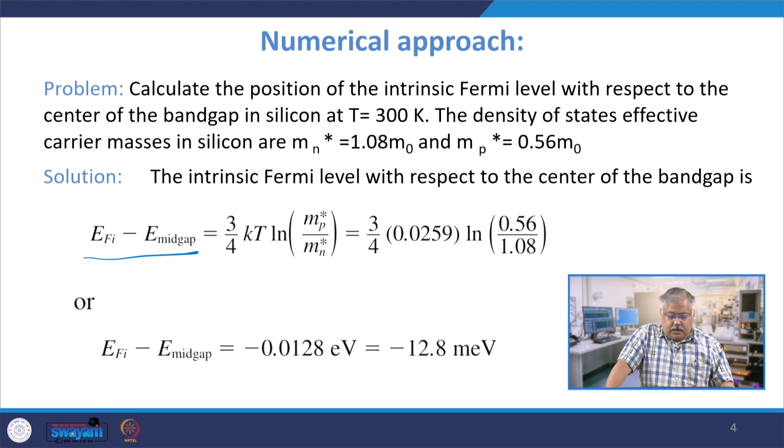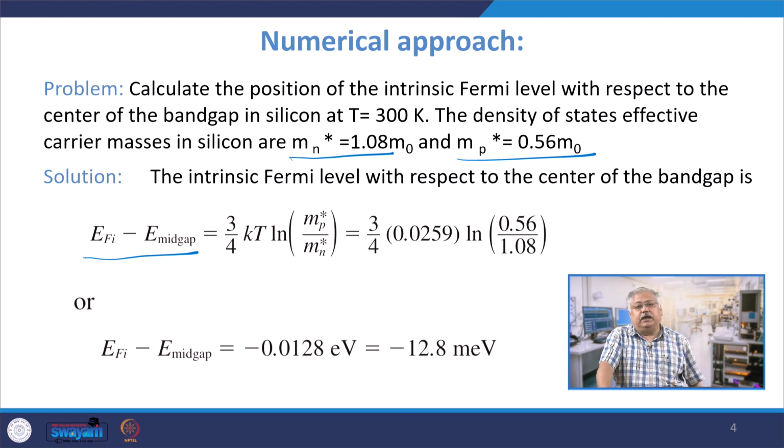So, typically we take the density of state effective carrier mass of electron to be this much and this to be this much. I will explain what these effective carrier masses of silicon are. If the electron were moving in free space, not under the influence of any external biases or forces, push as well as pull, we define its mass as the rest mass.